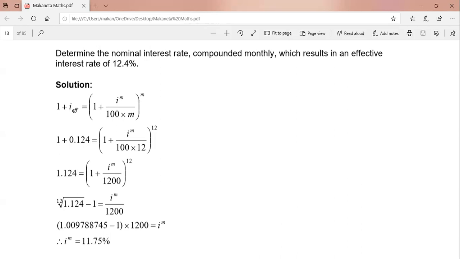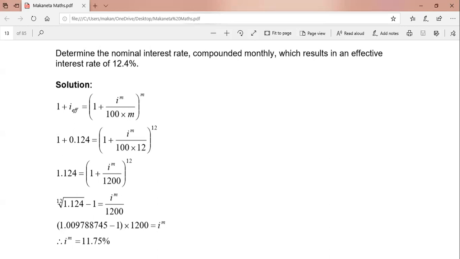So basically you use the same formula there. And in order to make the nominal interest rate the subject of the formula, you have to get rid of the exponent, which is 12. And of course, you have to apply the 12th root.